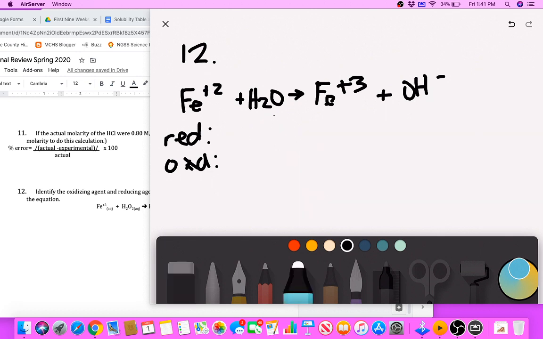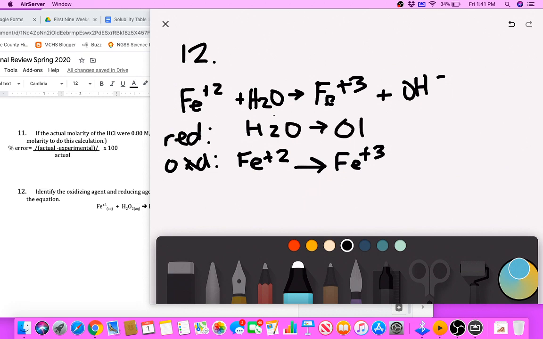Well, the charge went up. When the charge goes up, it lost electrons, it has been oxidized. So you may want to go back and review your definition of oxidation and reduction. So the Fe was oxidized. I was writing it in the wrong place. And then our H2O became OH minus. So H2O, OH minus.